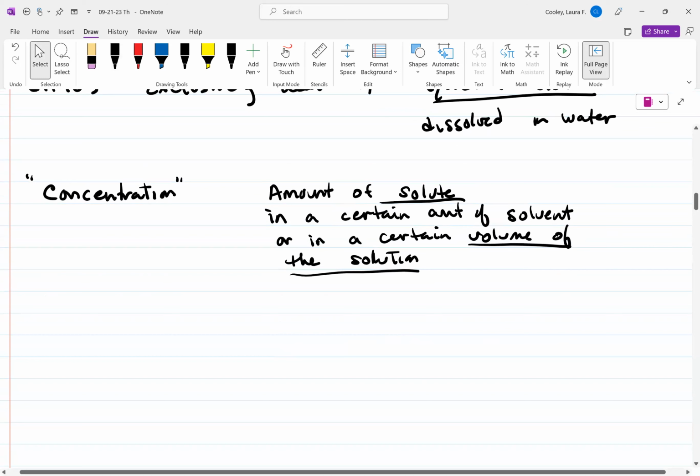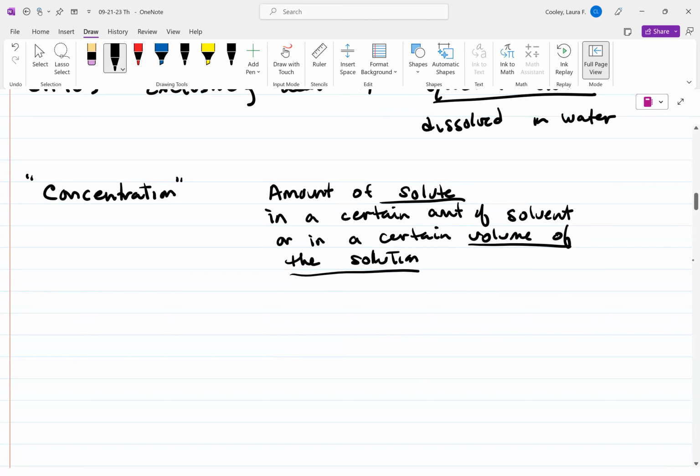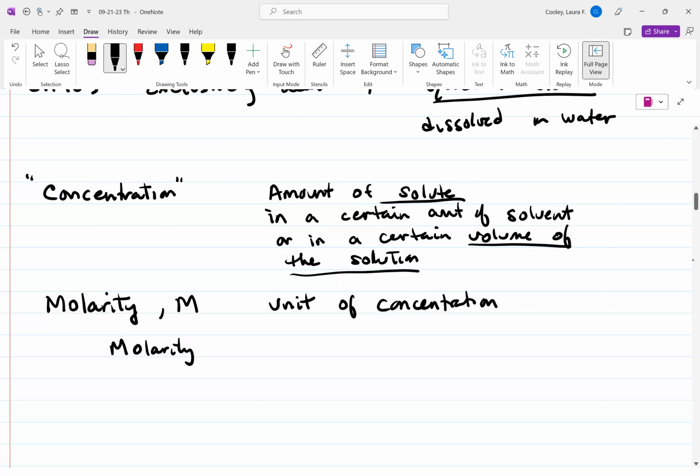And so the most common unit that we use is called molarity. Molarity is a unit of concentration. We give it the symbol M. And molarity is the moles of solute per liter of solution.